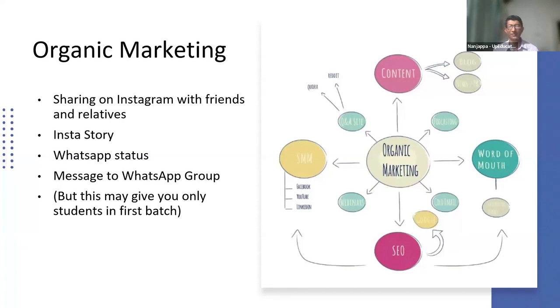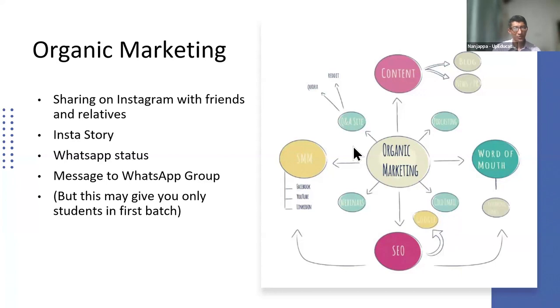Now, the second method. Okay, let me put a question to you all. How did you all get to know about this webinar, or about Up Educators? Facebook. Facebook, okay. I think some of you on Instagram, right?